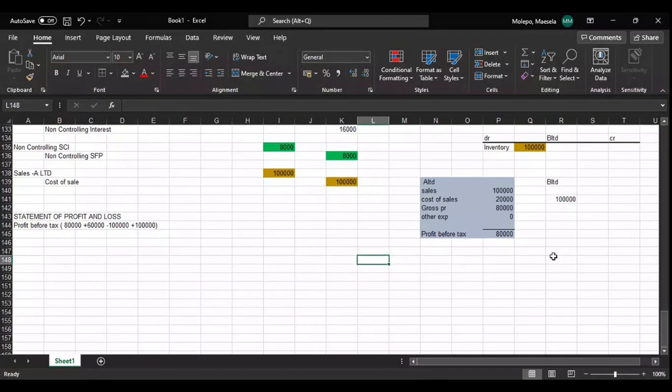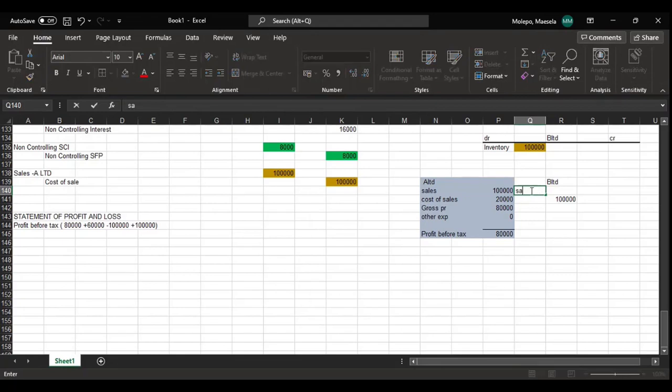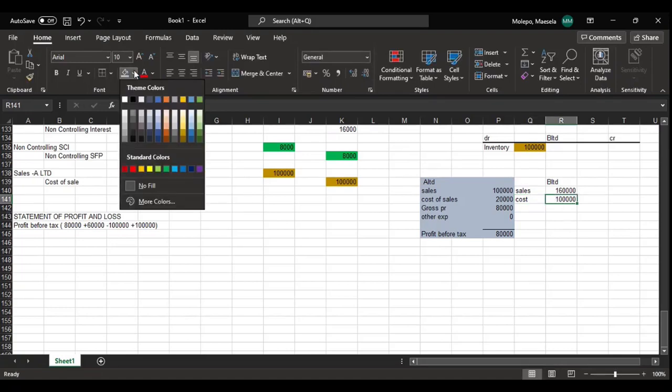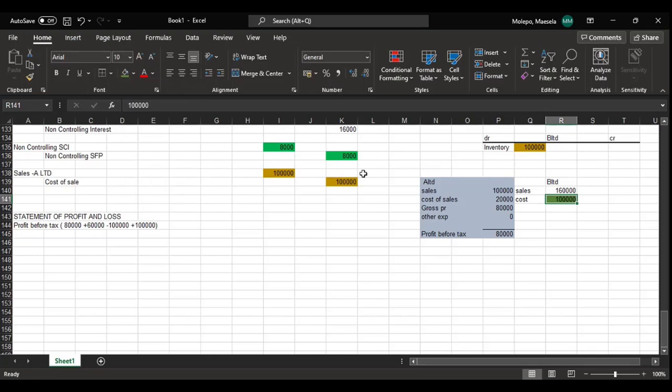Now let's go to B Limited. Its sales to other people were 160. Cost of sale is the cost of the goods it acquired from A Limited, because remember, this is the intra-group transaction.